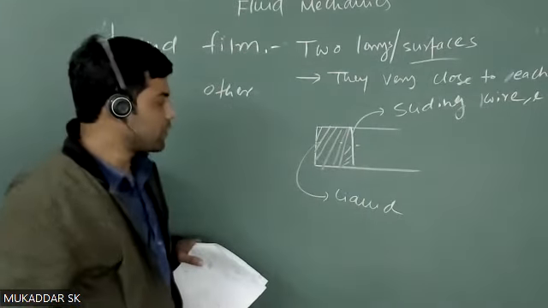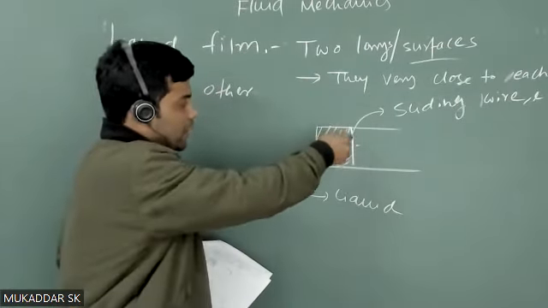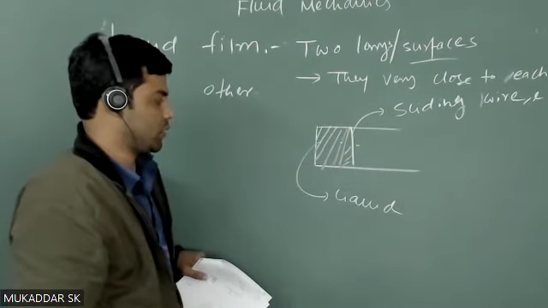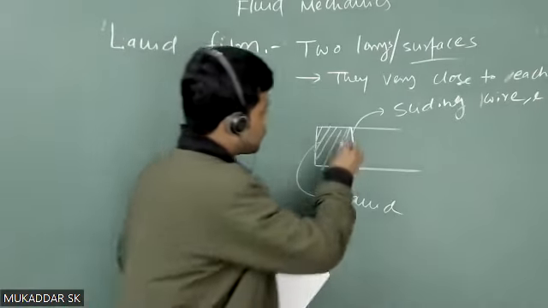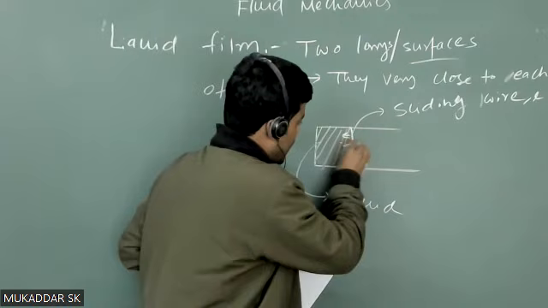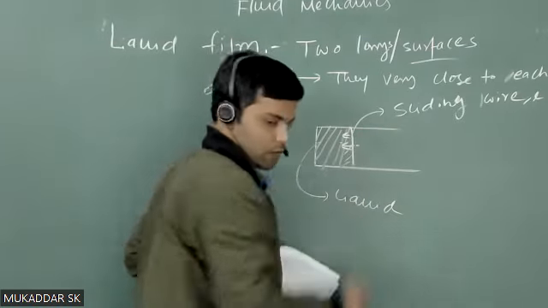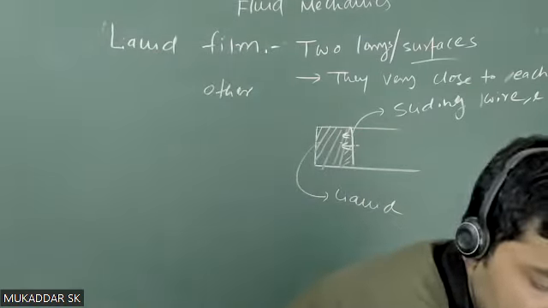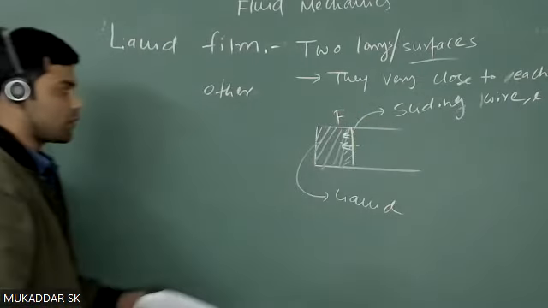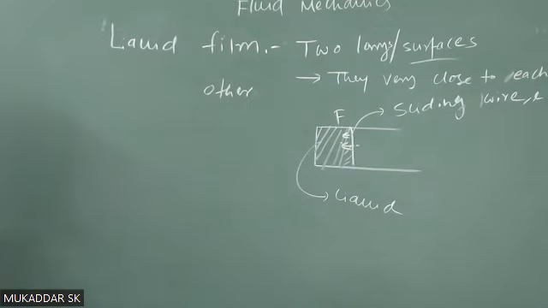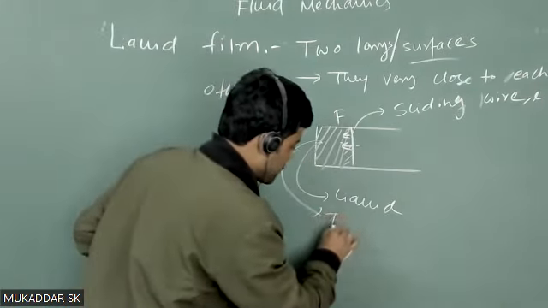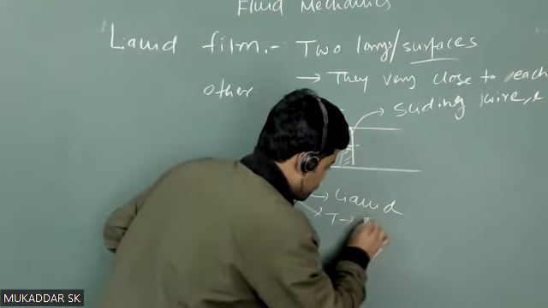So this problem is very simple. You have a liquid and you kept a sliding wire on the surface of this liquid. Because of surface tension, there will be a force acting on this wire in this direction, and that force I have denoted by F. Let us assume that T is the surface tension of this liquid.